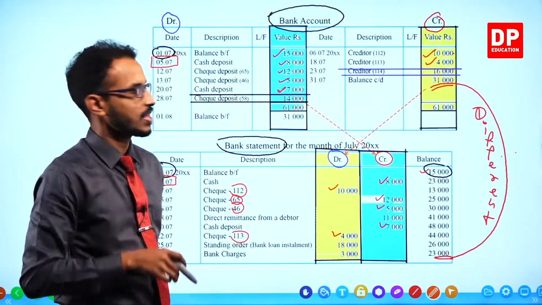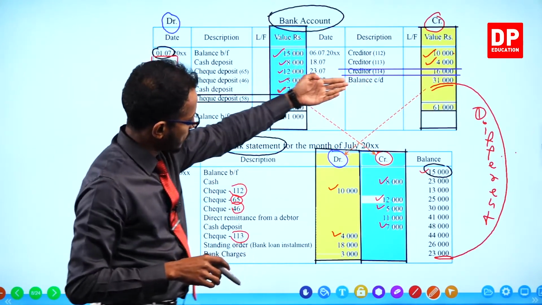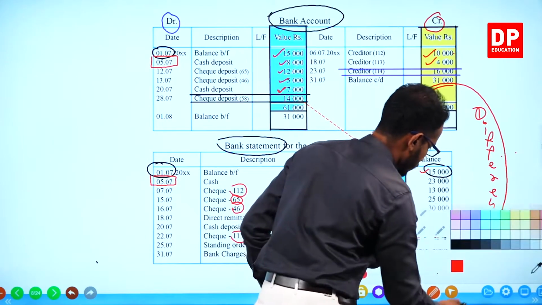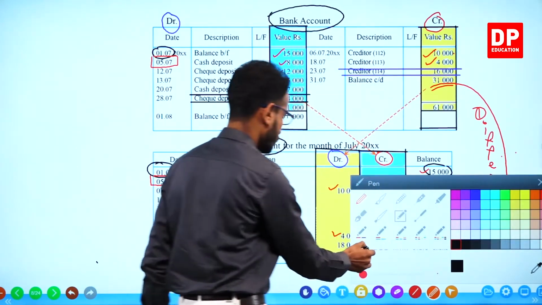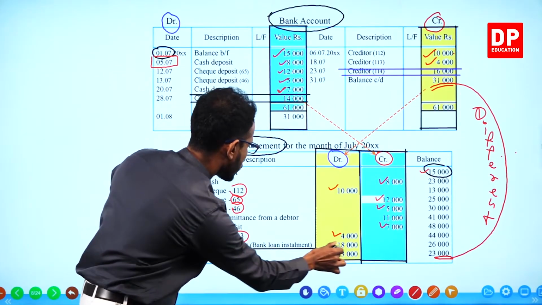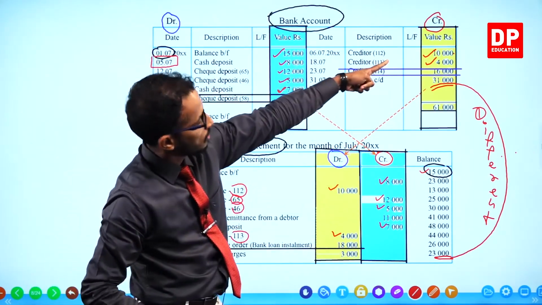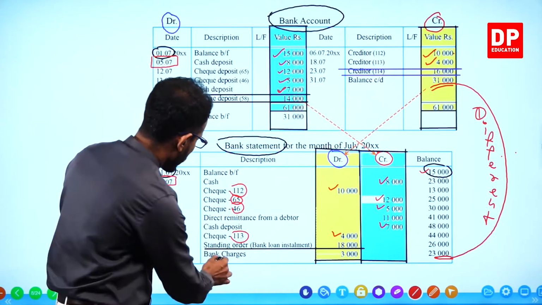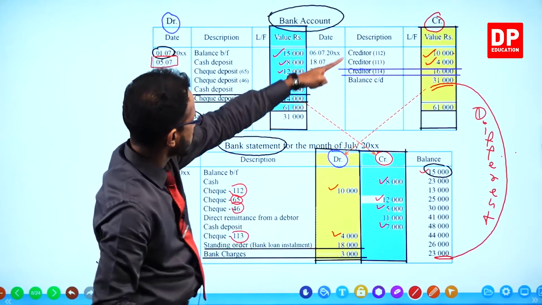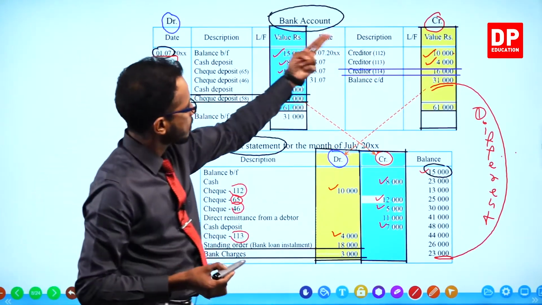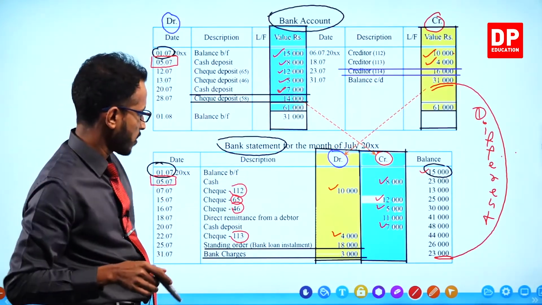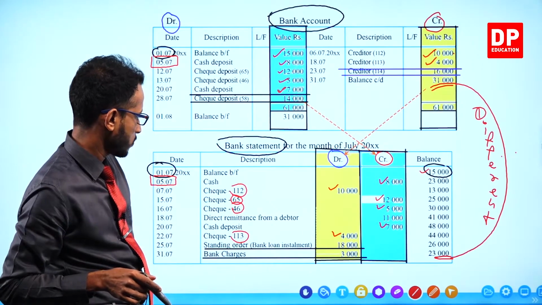All right, children. And we noticed some more items in the bank statement here underneath. Let's mark them too. Standing order 18,000. It's not in our bank account. Finally, bank charges 3,000. It's not in our bank account. Now, one more is there, isn't it?